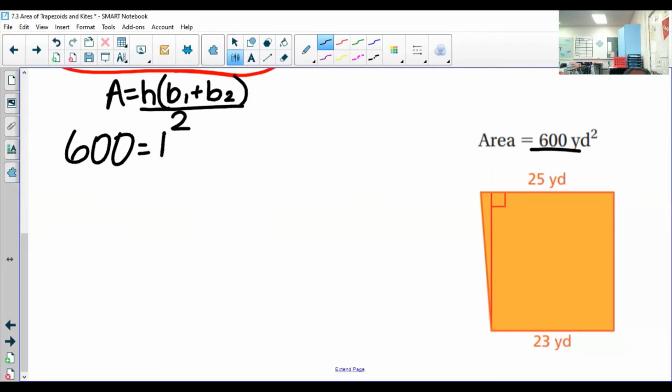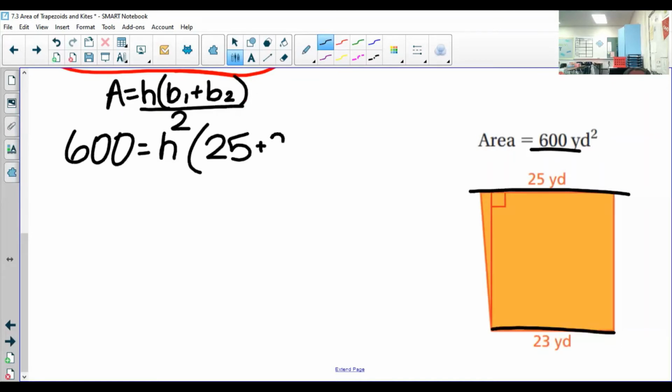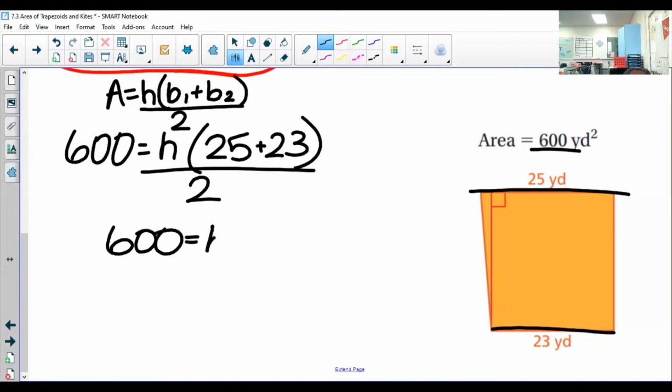I don't know what my height is, times my bases, which are 25 and 23. So I'm going to do 25 plus 23, divide that by 2. Follow order of operations. What is 25 plus 23? 48. So I'm going to do 600 equals h times 48 divided by 2.